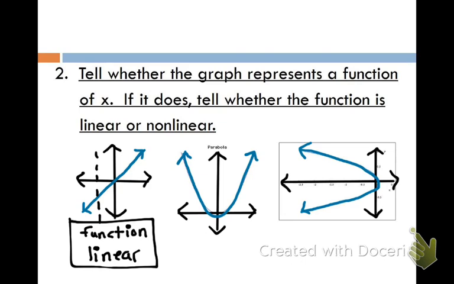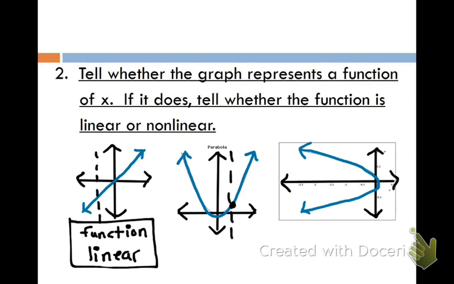So let's look at the next one. You're going to do the vertical line test. My instructions ask, tell whether the graph represents a function of x. A vertical line test. Is it up and down or left and right? Up and down. Okay, for this one, I'm going to go to the right of my y, just because I feel like it. How many times did my line touch the graph? The only time I see it is it touched right here.